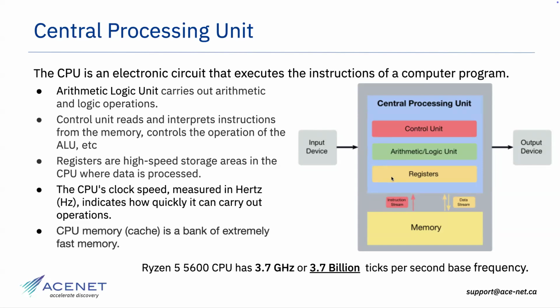And finally, registers are high-speed storage areas in the CPU. So whenever data is processed, it must be stored in a register. In addition to these components, CPUs have an internal memory system called a CPU cache. The processor cache is a bank of extremely fast memory that facilitates efficient communication with the main memory. We'll talk about this a little bit later.